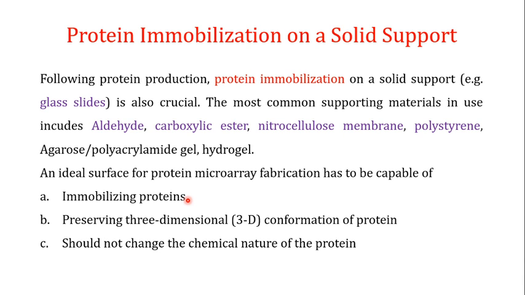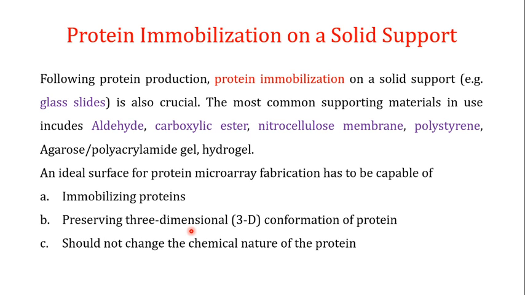But at the same time, if it is going for immobilization of the protein, it should also preserve the three-dimensional conformation of the protein, because after immobilization, if the 3D conformation of the protein is changing, that means it will not be able to interact with its target protein, because proteins have their specificity because of the specific three-dimensional structure.